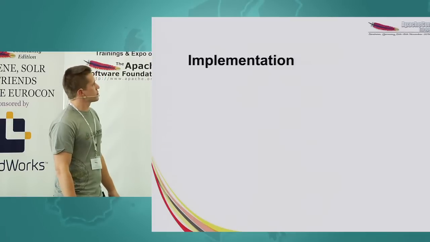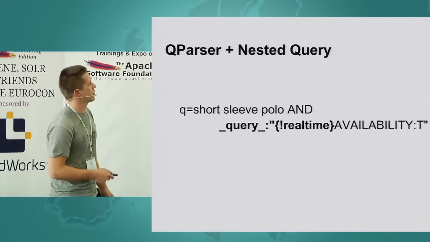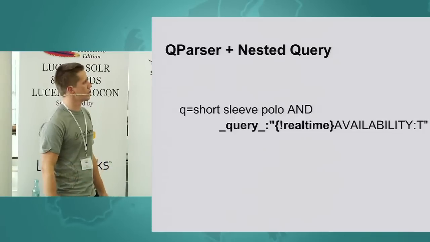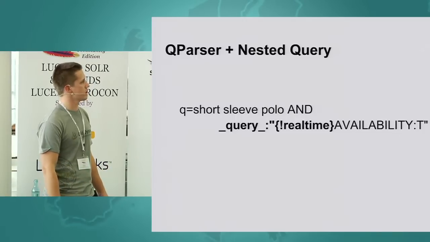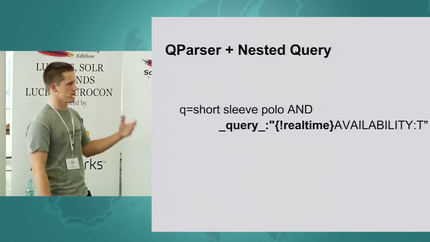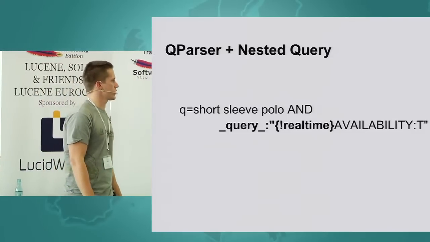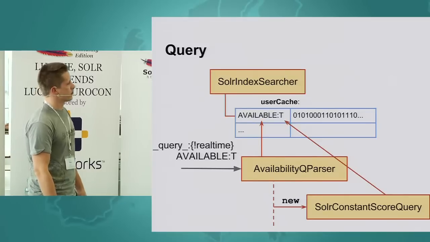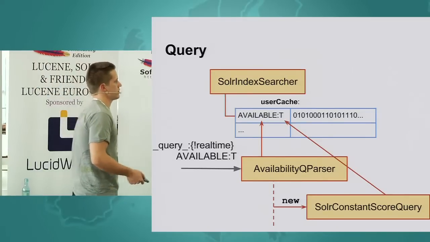So what do we propose to do? We go with our own query parser and nested query, and hook it up by this syntax, which we already saw. The query parser works something like this.